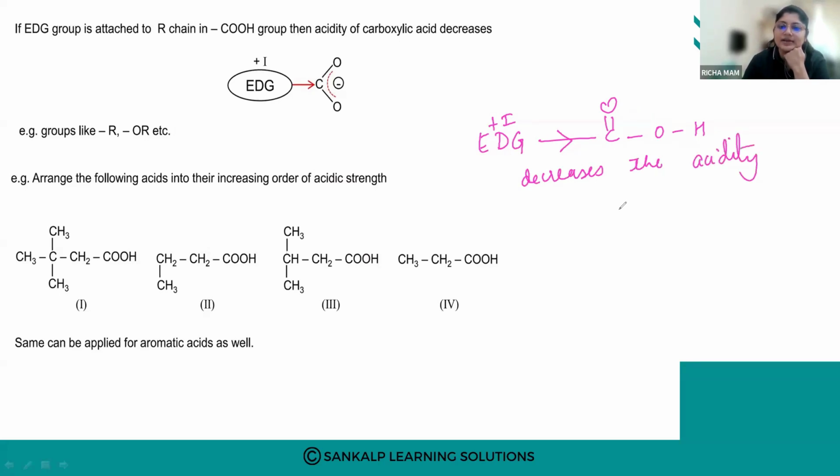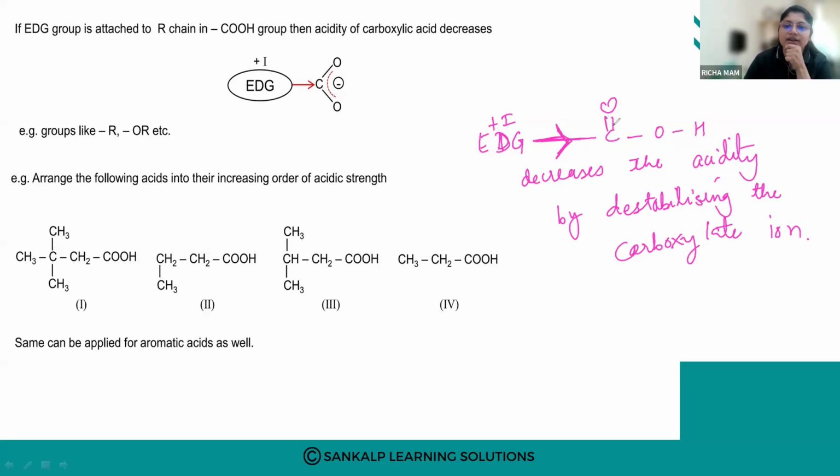How does it decrease? By destabilizing the carboxylate ion. So the electron donating group is trying to donate the electron. Because of this, whatever the negative charge is there, which has to be resonance stabilized, is destabilized.